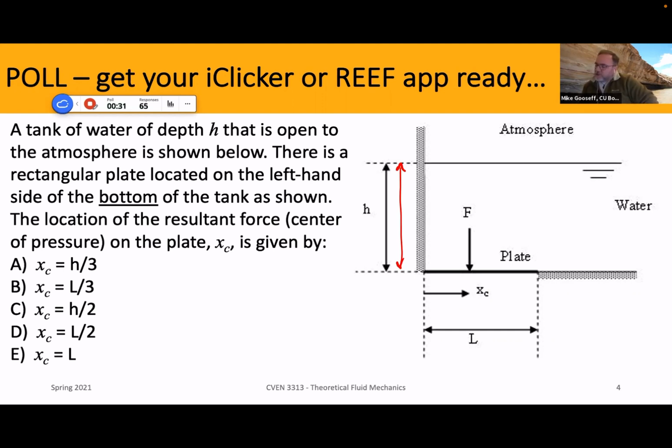Don't read too much into the location of F and X sub C. We're just trying to indicate some generic location. So don't try to think about this. Is that like 2/3 of the way across? Is that 1/3? That wasn't the goal here.